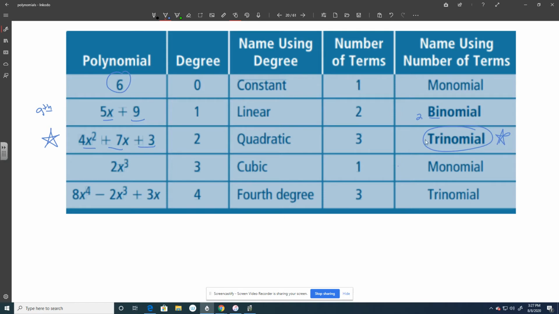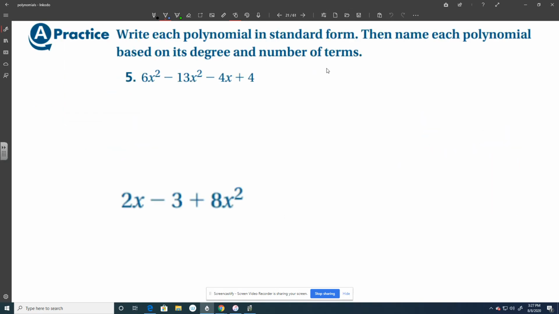All right. So let's move on. Enough time with definitions and new words. Let's do some math. So first thing it wants us to do is to write these polynomials in standard form, then name it based on the degree and terms. So I need to write these in order. And when I look at this one, I've got an x squared and an x squared. So I better combine those together first.